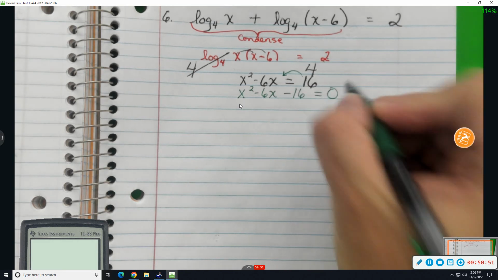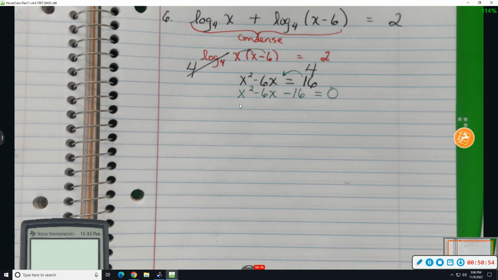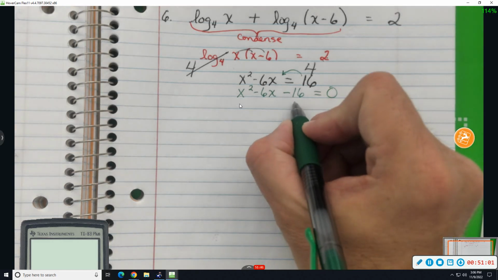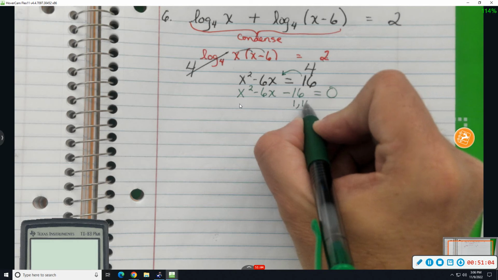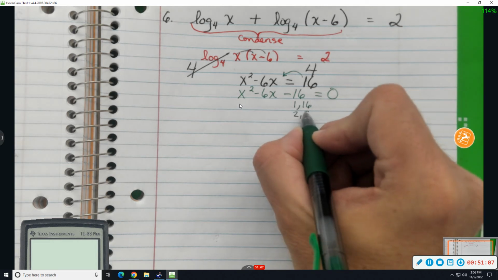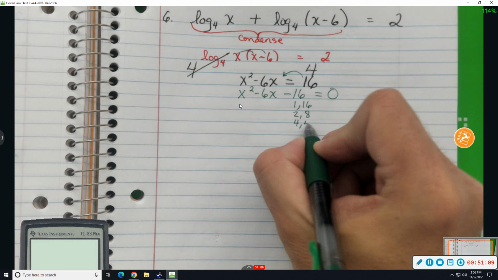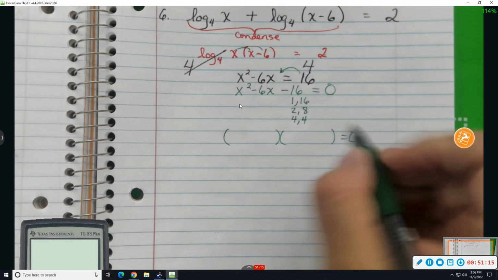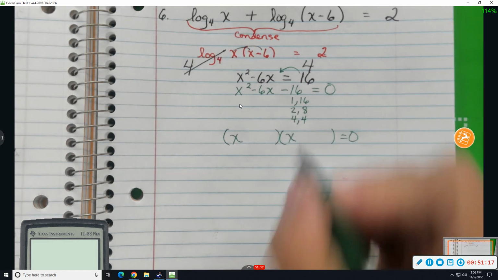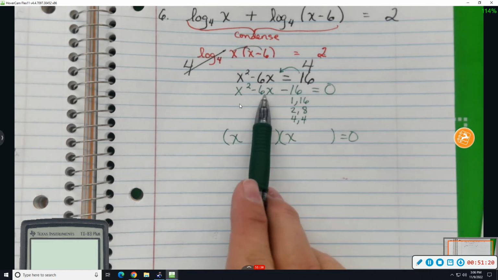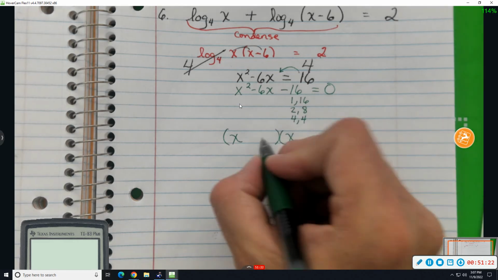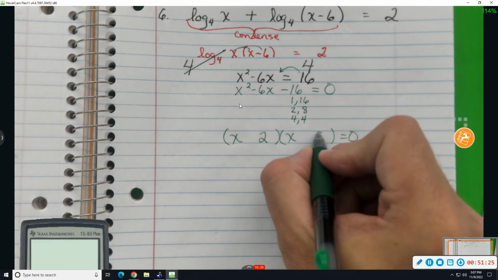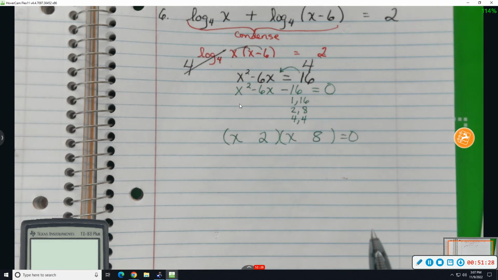Well, these are all factor. So x squared minus 6x minus 16 equals 0. Let's see. Numbers that multiply together to give 16. 1 times 16, 2 times 8, 4 times 4. Which pair of numbers do you think is going to work out correctly to give me that middle term there? 2 and 8. Now, in order to get a negative 6, how should I arrange my signs?